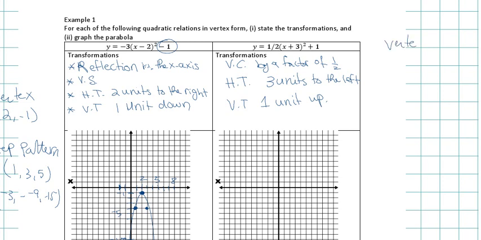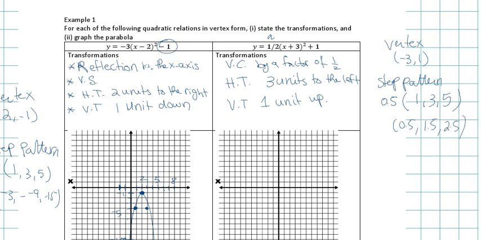And step pattern. It's still the same. So you're multiplying 0.5 by 1, 3, 5 because my A value is a half. So 0.5 times 1, that's 0.5. 0.5 times 3, that's 1.5. 0.5 times 5, that's 2.5.